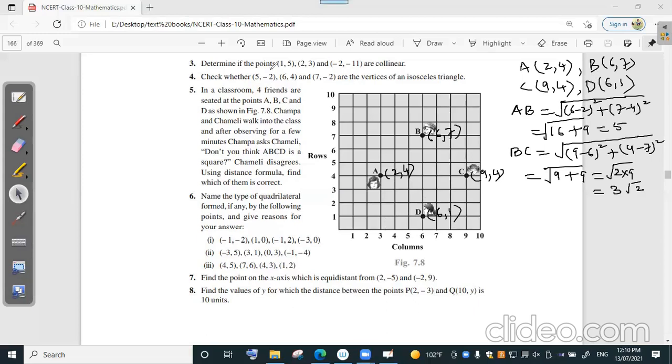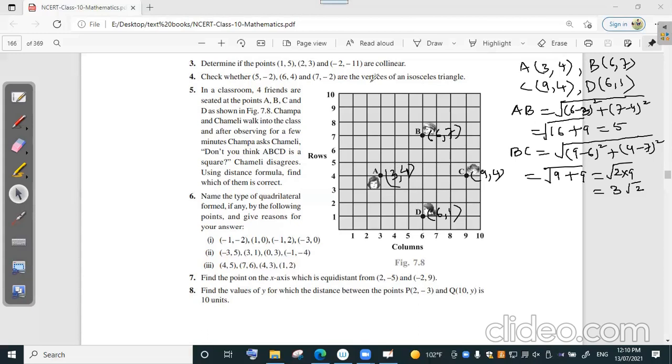I have written the coordinate of A wrong. That's why this is 3. Here also this is 3 actually. That's why we were not getting that. The coordinates of A are 3 and 4, not 2. So 3, 4. So now you get 3 here.